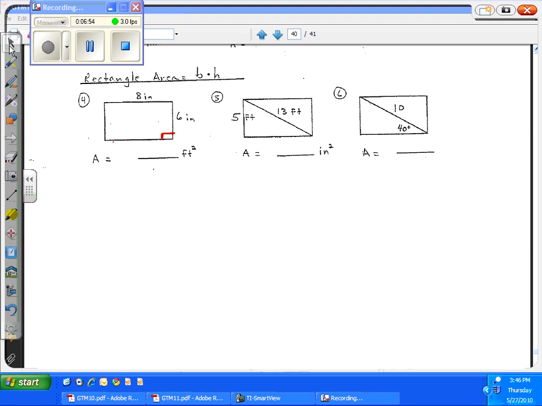The base is 8 inches because it's the same as the other side. Opposite sides of a rectangle are equal. The height is how tall something is from top to bottom, so the height is there. Our formula for area, again, was base times height. And so we get area equals base, which is 8 inches, times height, which is 6 inches.